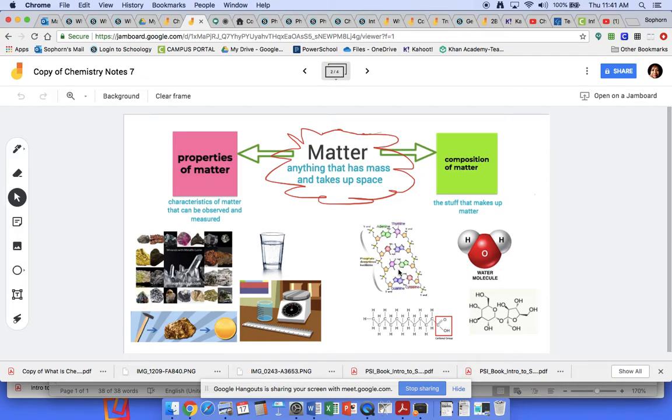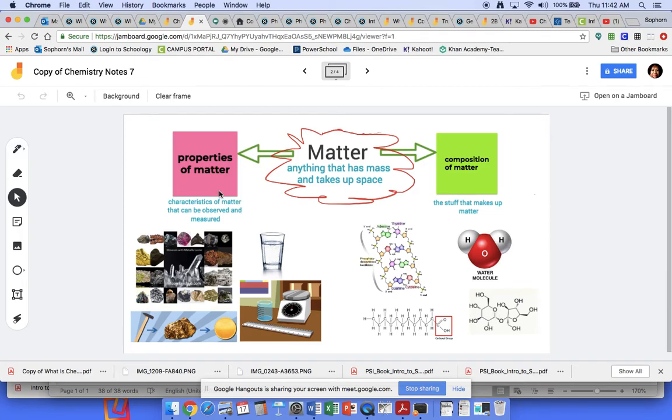This is DNA actually. It's made of different atoms: hydrogen, phosphorus, nitrogen, oxygen, and carbon. This is fatty acid, and it's made of carbon, hydrogen, and a little bit of oxygen there. This matter is sugar, and its composition, that means what it's made of, is carbon, oxygen, and hydrogen.